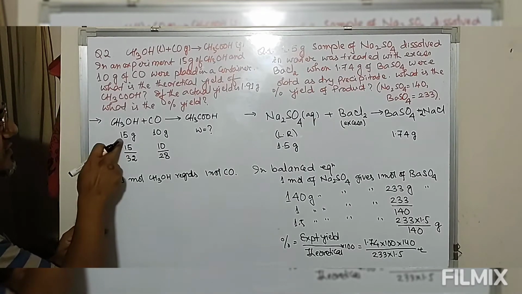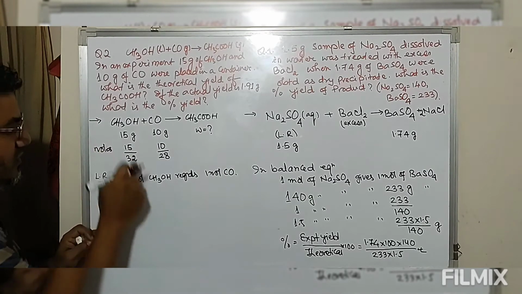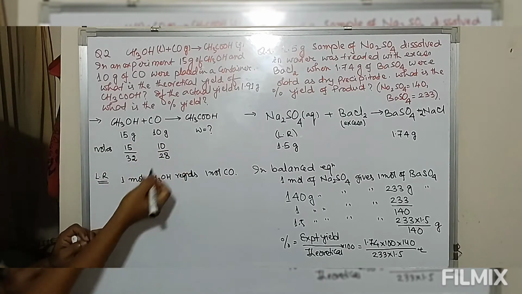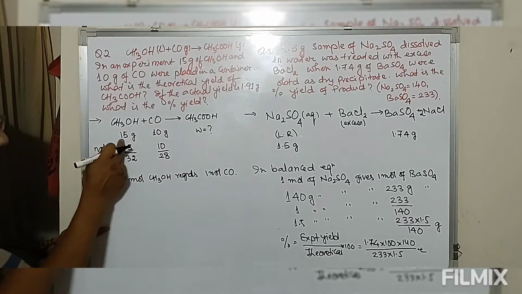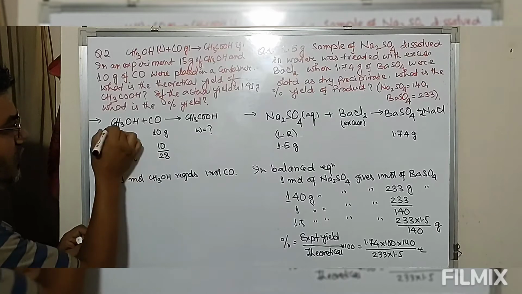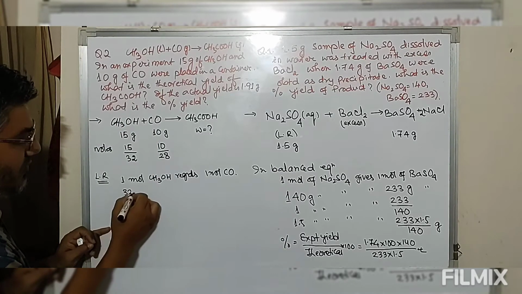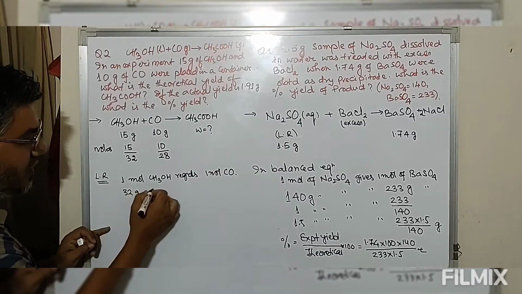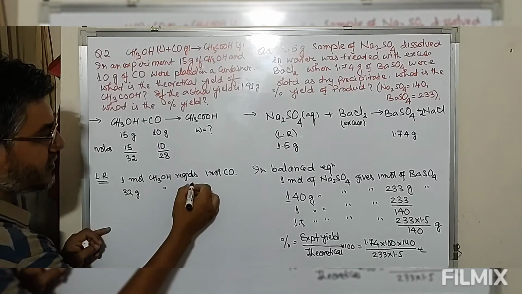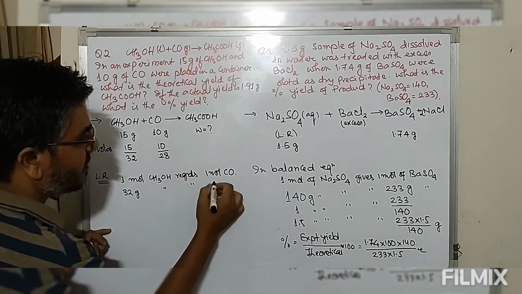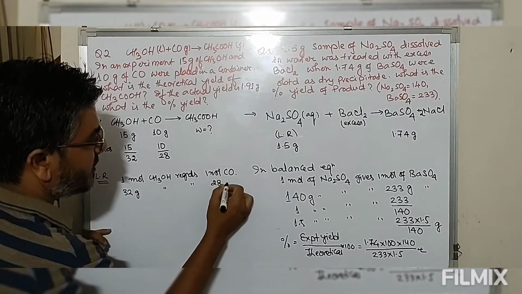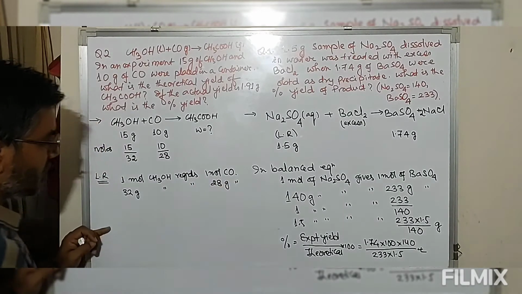We can also calculate in terms of gram. The mass of 1 mole of CH3OH is known as the gram molecular mass. So 32 gram of CH3OH requires how many gram? 28 gram of carbon monoxide.